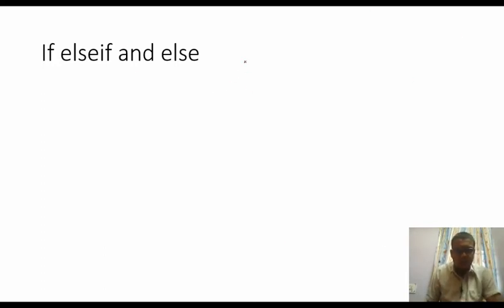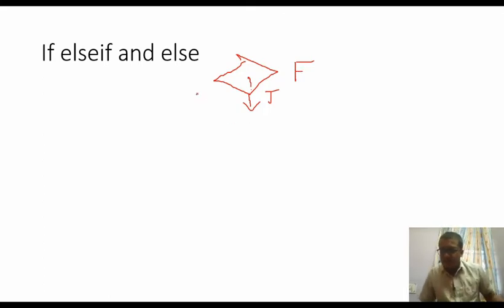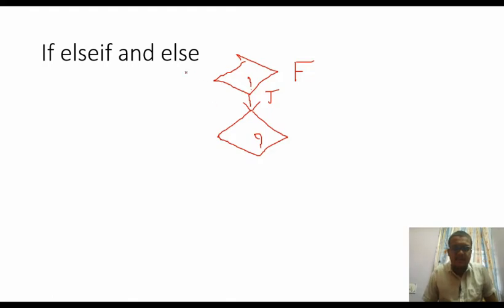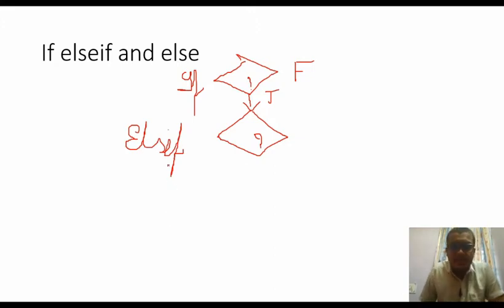Let me show the block diagram of it. Here there will be a condition, true, false. If it is true, there is an else if here again. This is for the if condition, and this is else if, and this is the syntax for it. We'll tell the syntax after finishing this block.